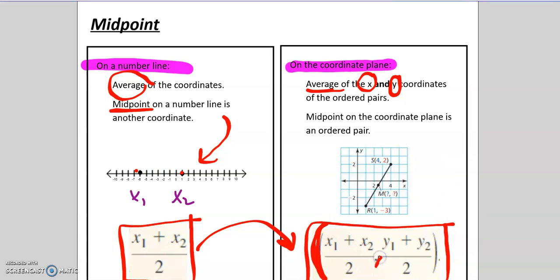It's an ordered pair. Check out the parentheses, right? It's another point. Okay, x1 plus x2 divided by 2, average of my x's, y1 plus y2 divided by 2, average of my y's. And it's another ordered pair. Make sure you jot that stuff down. That's good stuff right there.